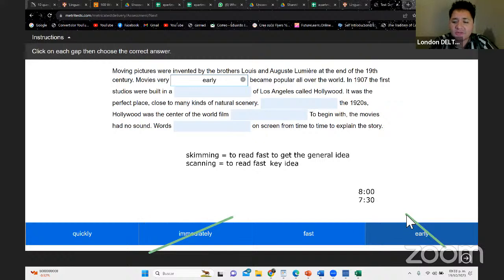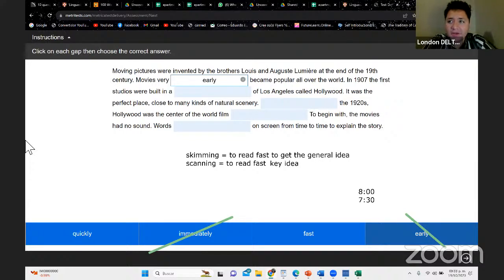So you cannot be in the middle: it's either immediately or it's not immediately, right? If your boss tells you, "Please deliver your reports," you do it immediately. Immediately means as soon as possible, right? So you cannot say "very immediately."